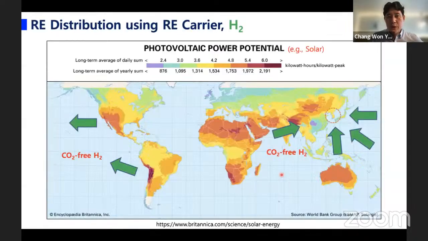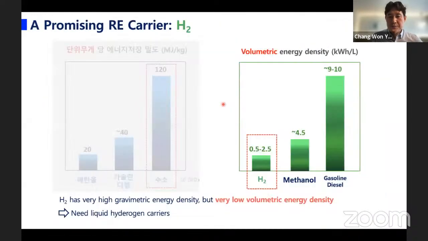So the concept will be renewable energy distribution using the renewable energy carrier hydrogen. Then the surplus energy will be transformed into hydrogen, right? Using renewable energy, transformed into the chemical form of hydrogen. And this CO2-free hydrogen should be delivered to the energy-needed area.